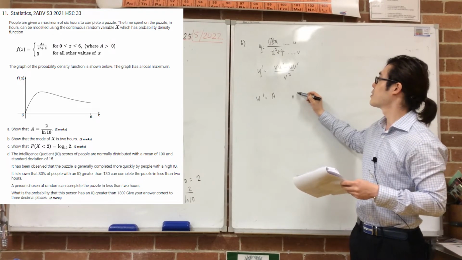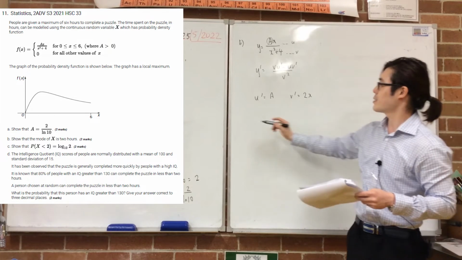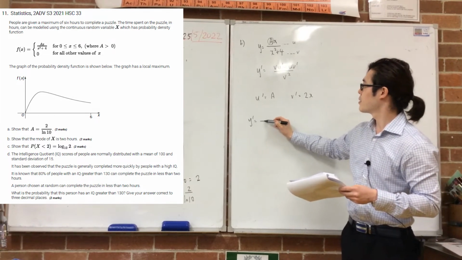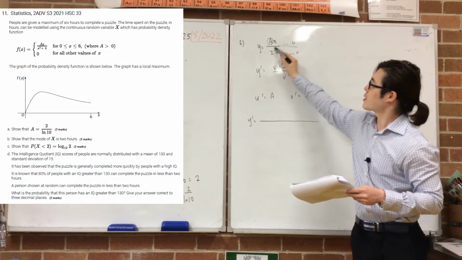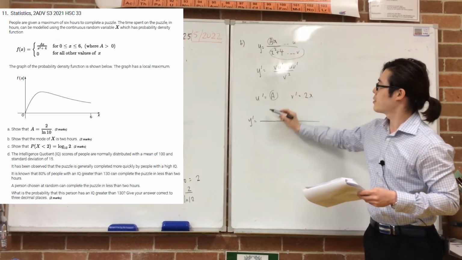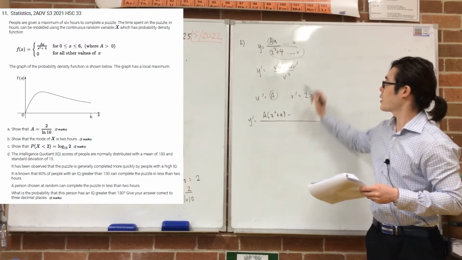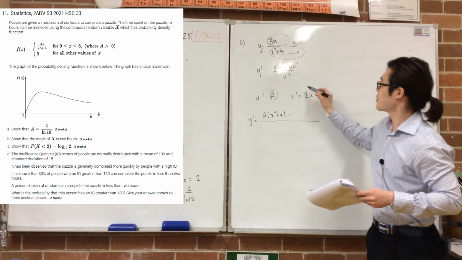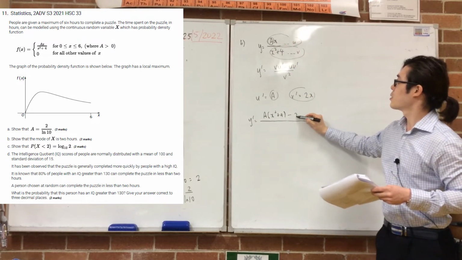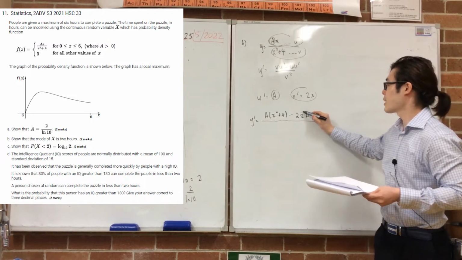Just A. Let's not make any silly mistake here. vu dash, that's this times that, take away uv dash is that times that. I'll just write it like this for now.